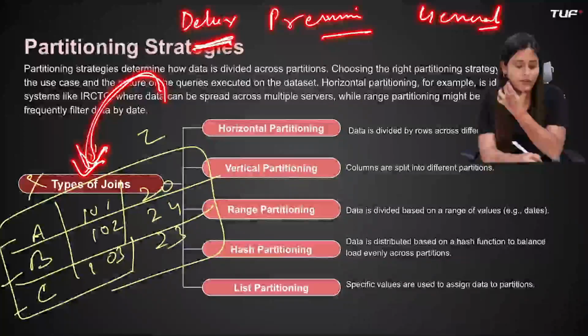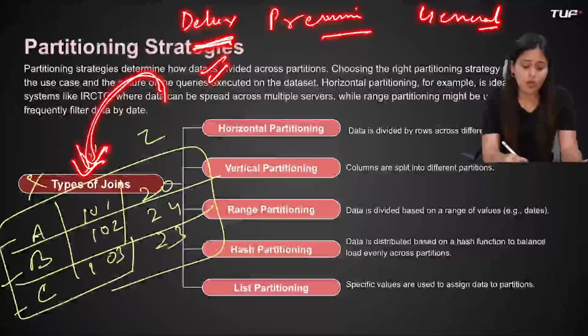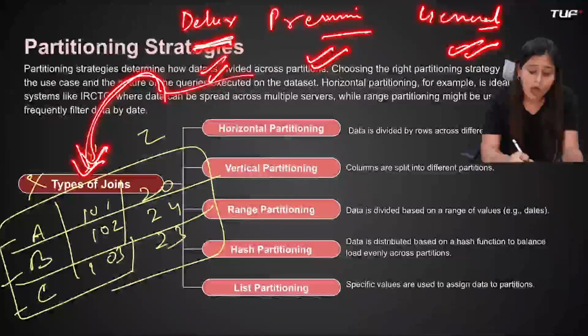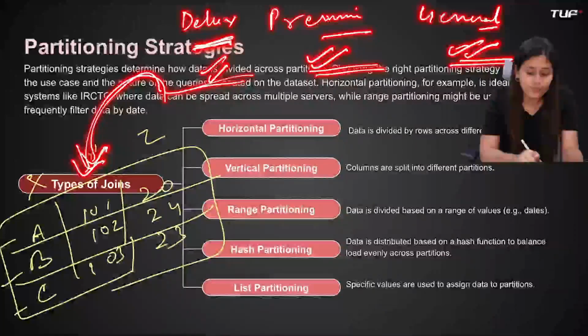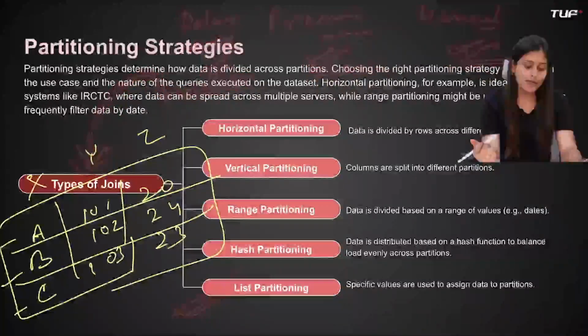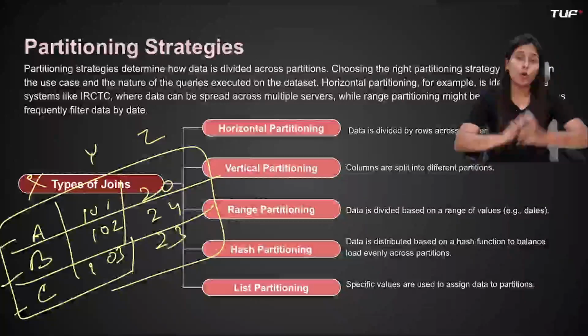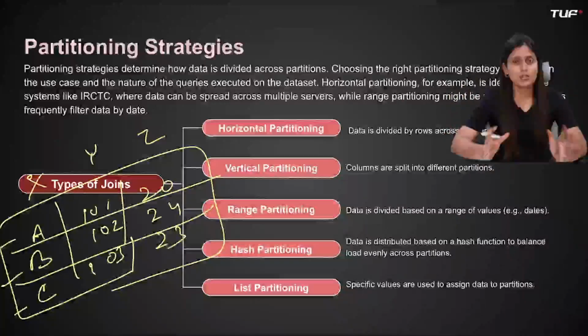If that value satisfies, it will go in the deluxe partition, or else in the premium partition, or else in the general partition. So this is how we divide on the basis of some values, and that's why it's called list partitioning, right? Again, you can see it is also making the big bulky database into smaller ones.